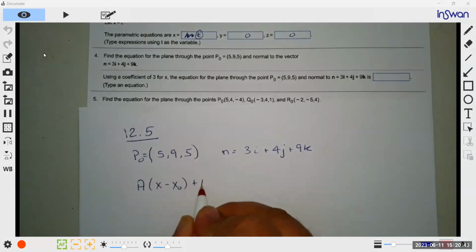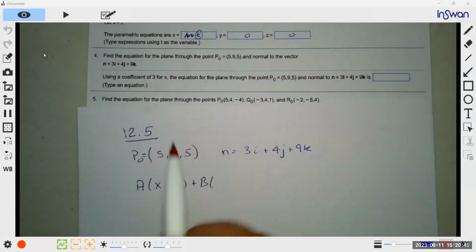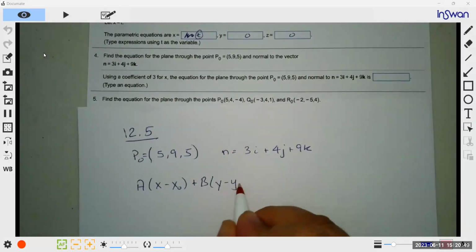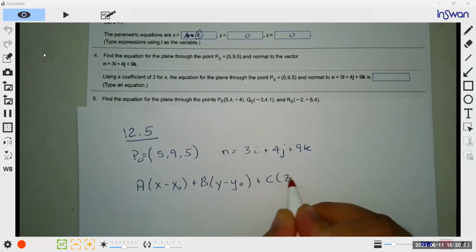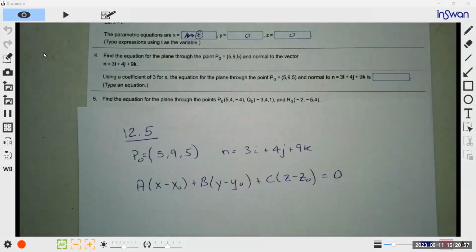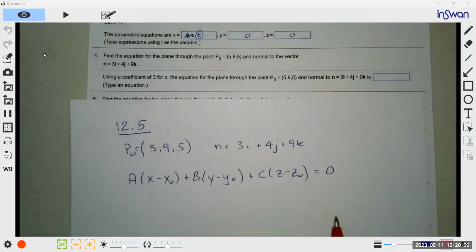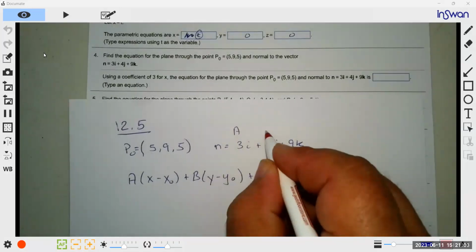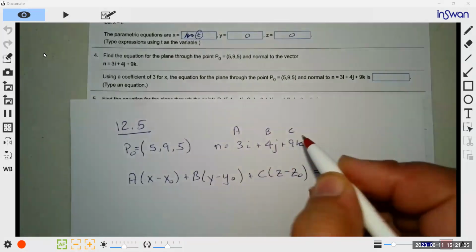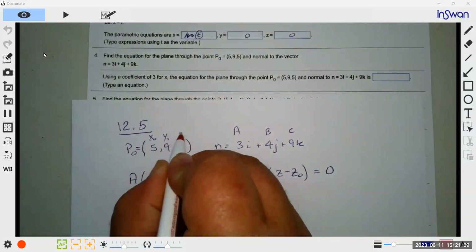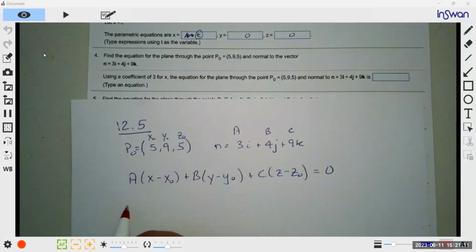We use this formula since we're looking for the equation of the plane. These are your A, B, C, and these are your x sub 0, y sub 0, z sub 0.